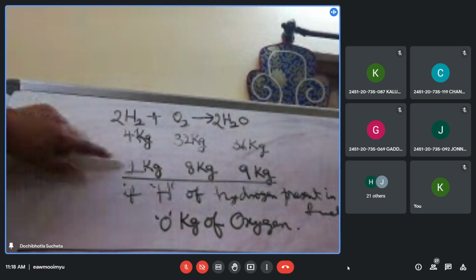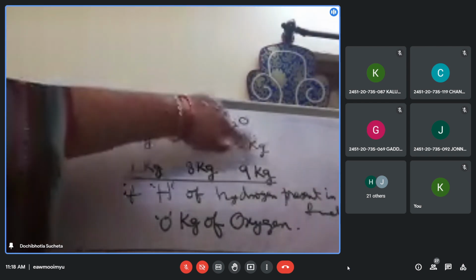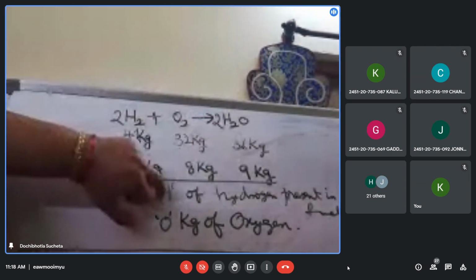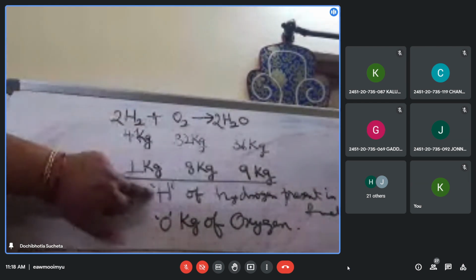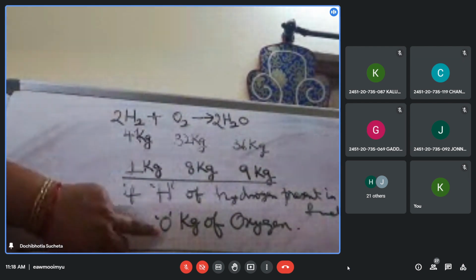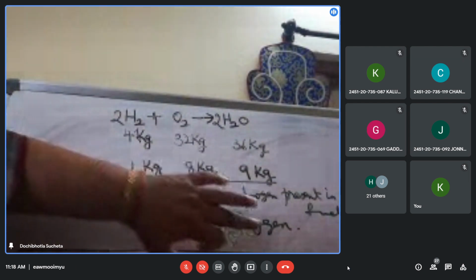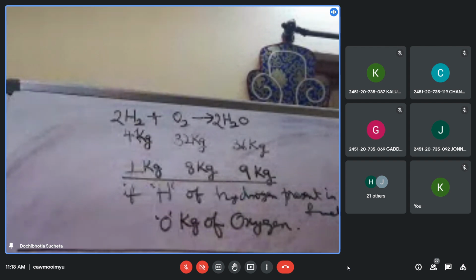For 1 kg, it is 8 and 9 kgs. For H kgs, how much? H kgs of hydrogen is there, O kgs of oxygen is there. Then how to write the equation? Tell me.